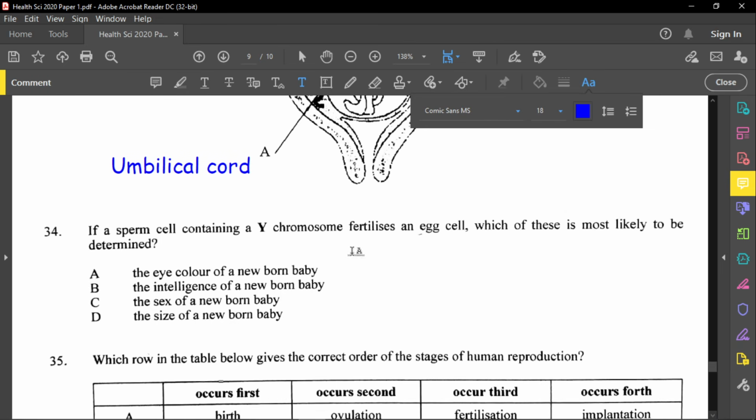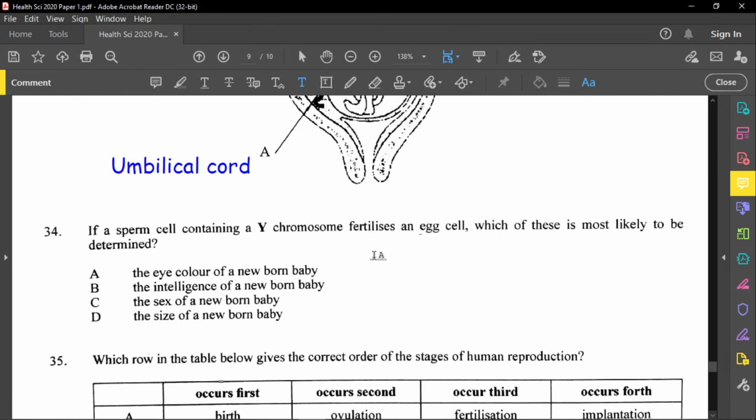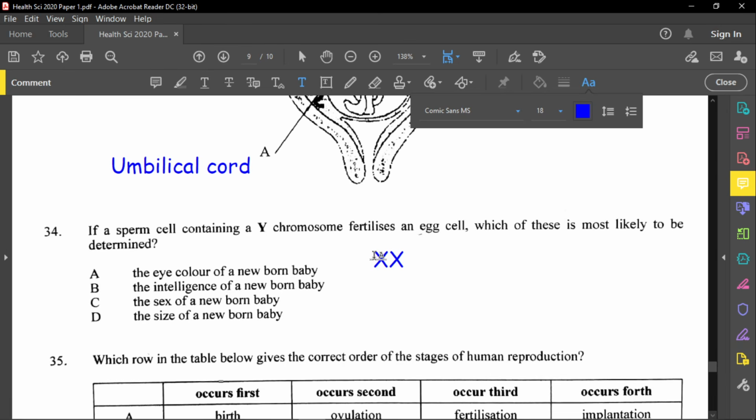Just to point out here that the Y chromosome and X chromosome determine the gender or the sex of a person. If the cell contains X and X chromosomes, then we know this is a girl, or a female. If the cell contains X and Y, then we know this is a boy, or a male.